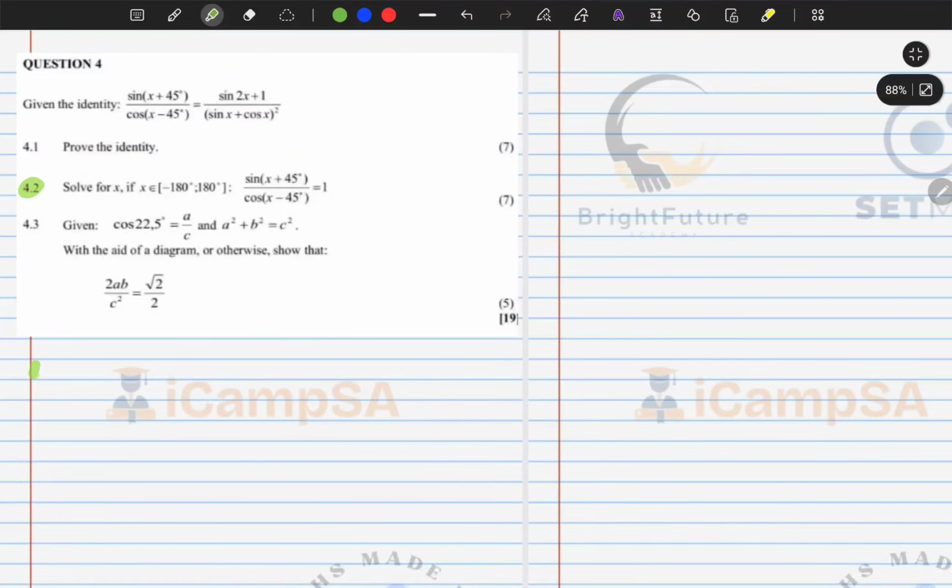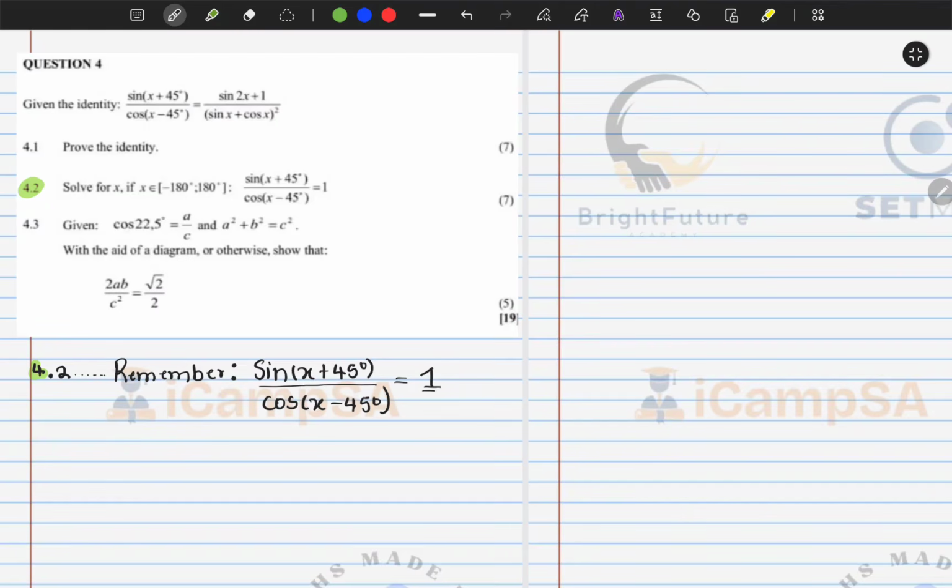Okay, so for 4.2, there's something that I need you to be aware of, guys, which is that if you look at what we did here, we eventually found 1. So I just need you to remember, and I'll leave this as a comment. It's a very important question. So if you look at the sine of x plus 45 degrees divided by cos of x minus 45 degrees, what we found was that this is 1.